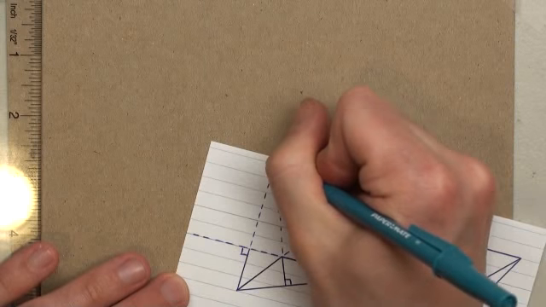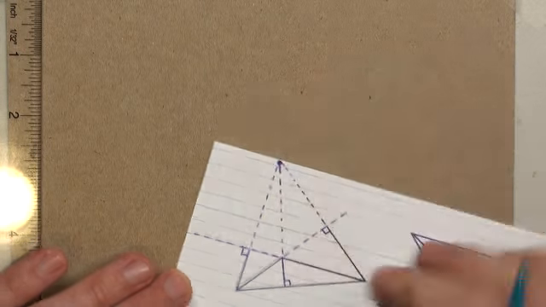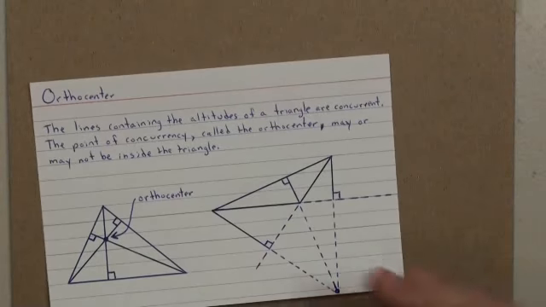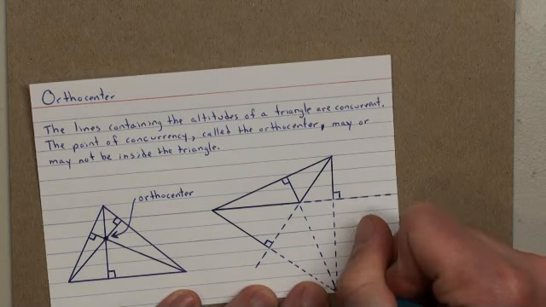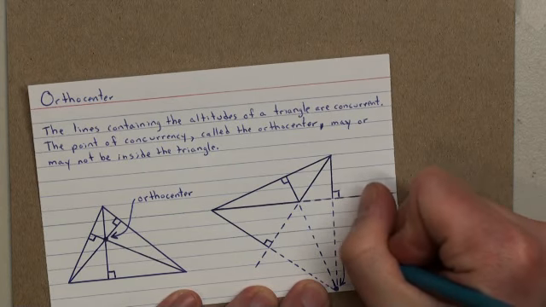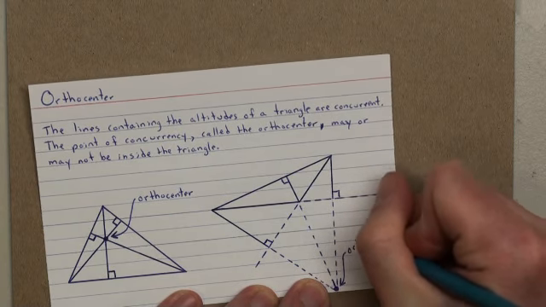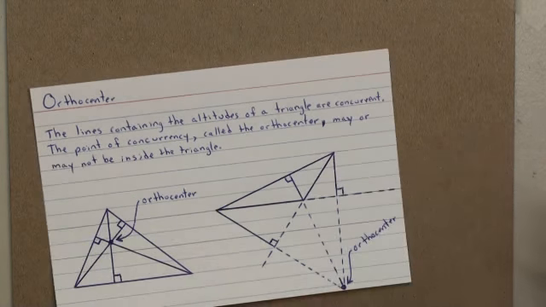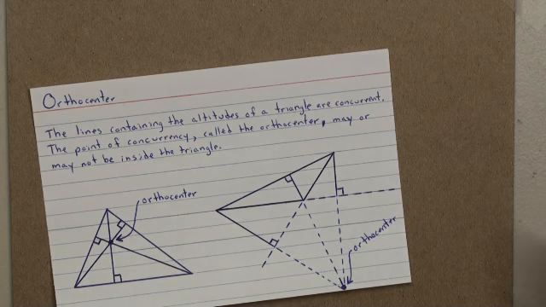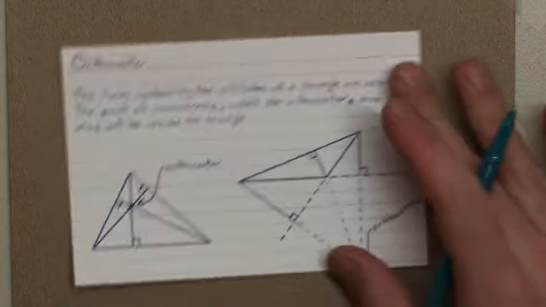And you can see that my orthocenter is actually going to be, in this case, outside the triangle. Alright? So there's two possibilities for this.